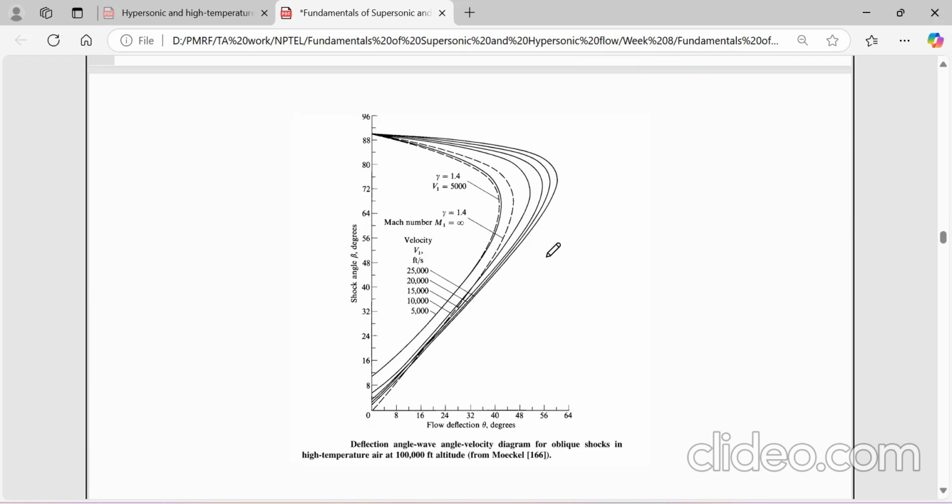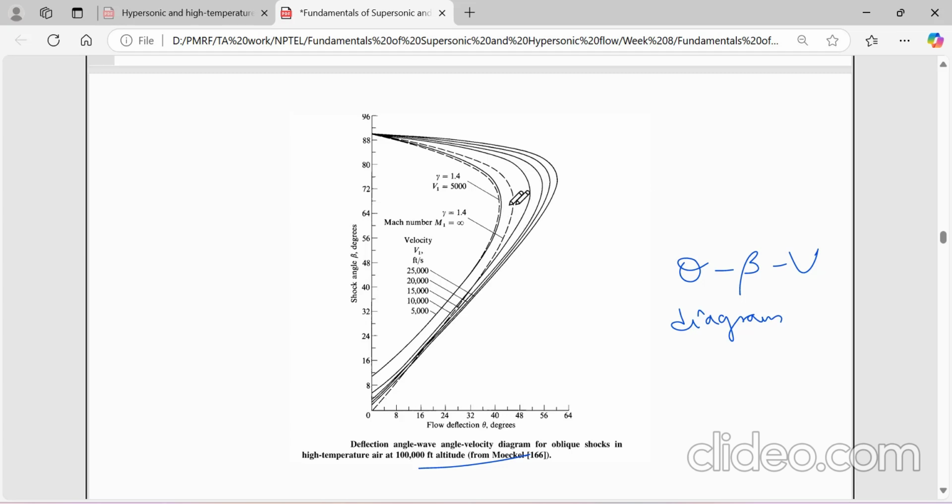So this figure is given for shock angle versus flow deflection theta. This is the deflection angle, wave angle, velocity diagram, this theta, beta, V diagram, in high temperature at 1 lakh feet altitude. This is also taken from Anderson only, hypersonic and high temperature gas dynamics.